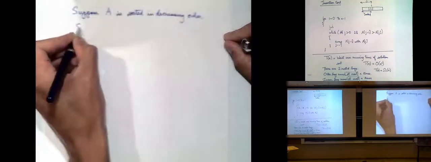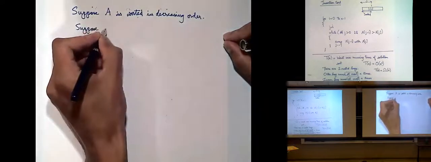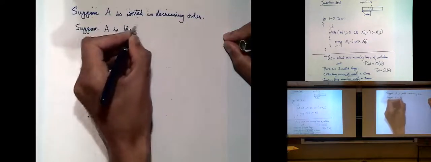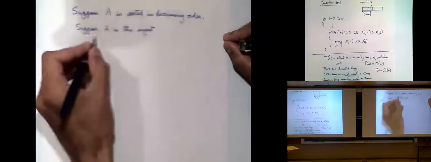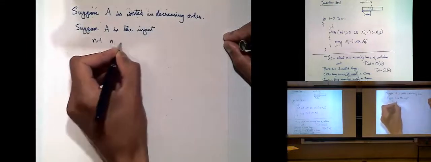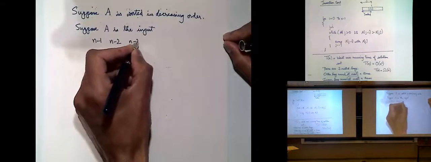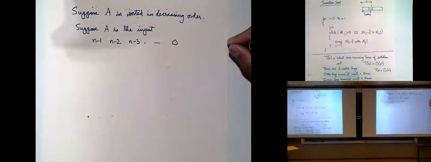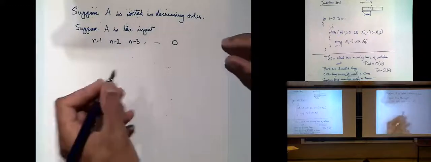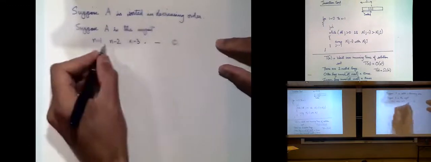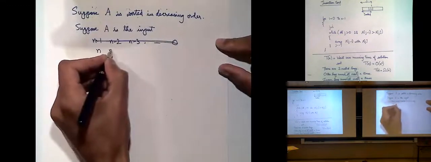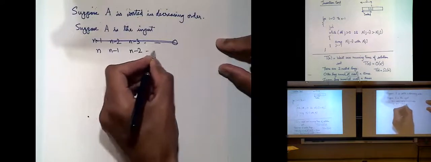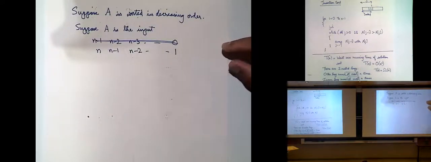You can say, suppose A is the input n minus 1, n minus 2, n minus 3, going all the way up to 0. Or actually, I don't think I'll get an off by one error here. So let me write it as n minus 1, n minus 2, going all the way up to 1. So suppose your list, the array, was actually in decreasing order.